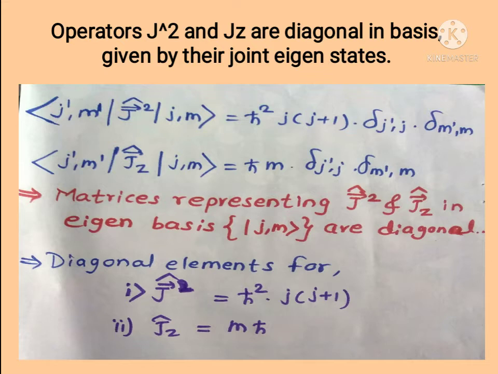Firstly, the operator J square is operated on state |j m>, and then the bra state <j' m'| is jointly operated with state |j m>, and we get h cross square j(j plus 1) delta j' j delta m' m.